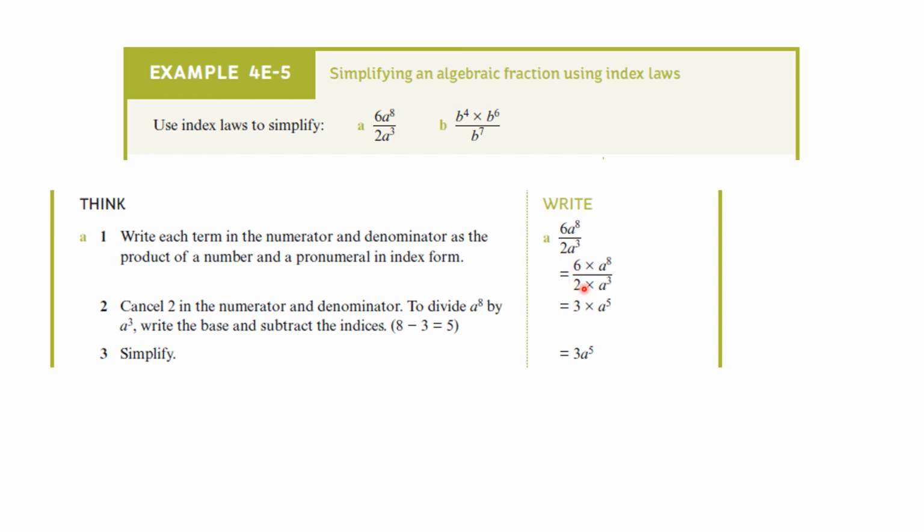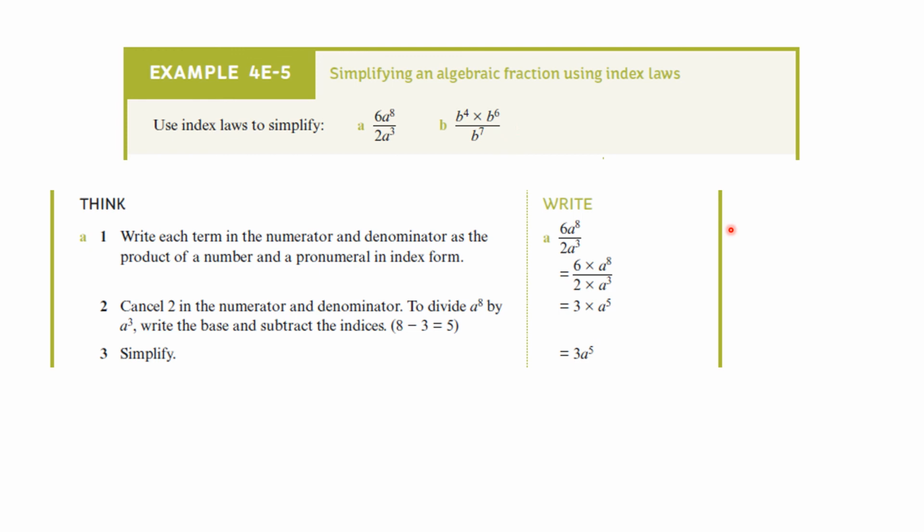They've just written this in expanded form by putting the times signs in again. And then we know that a to the power of 8 divided by a to the power of 3, leave the a the same, 8 take away 3 is 5. Then get rid of the multiplication sign and write it like so.